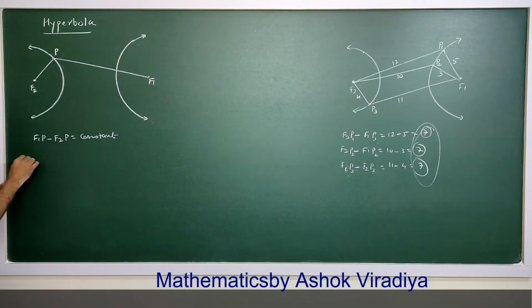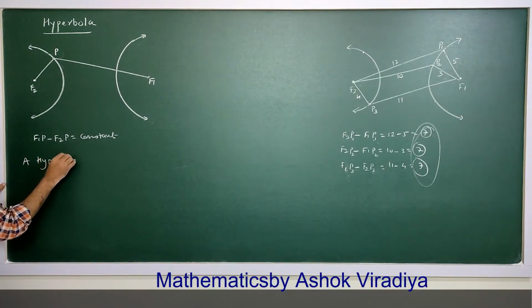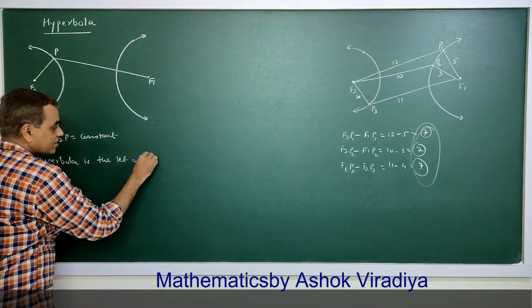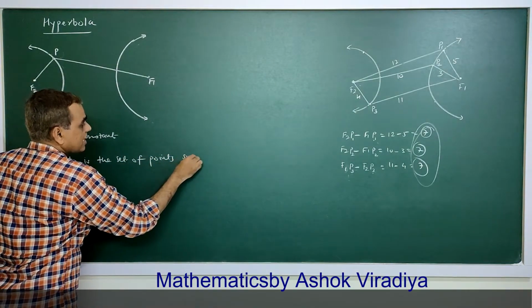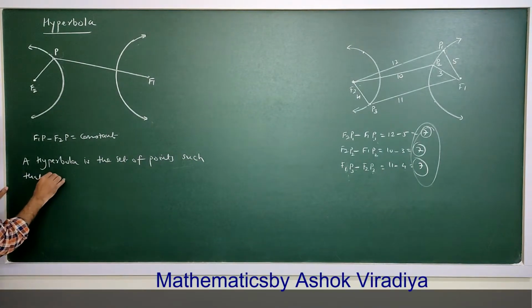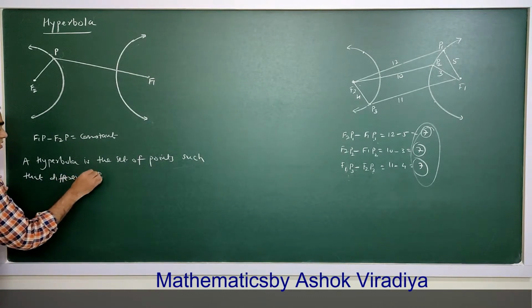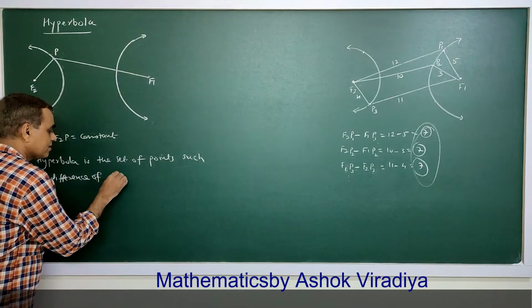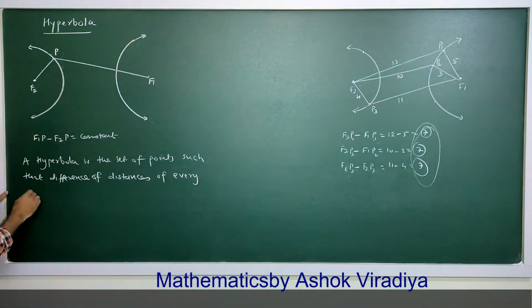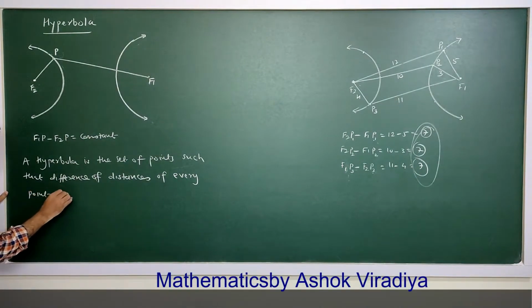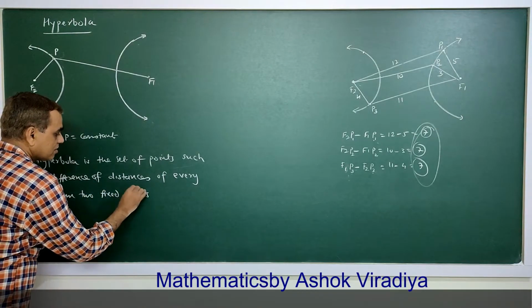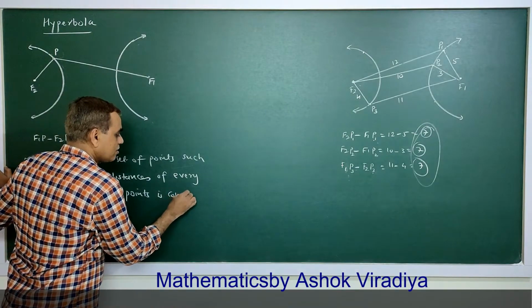So a hyperbola is the set of points such that the difference of distances of every point from two fixed points is constant.